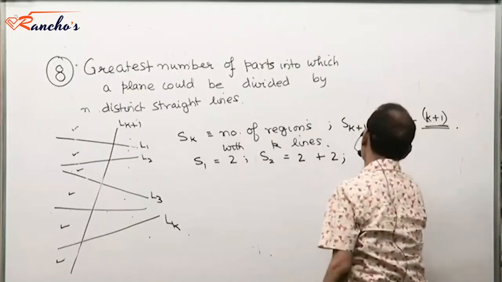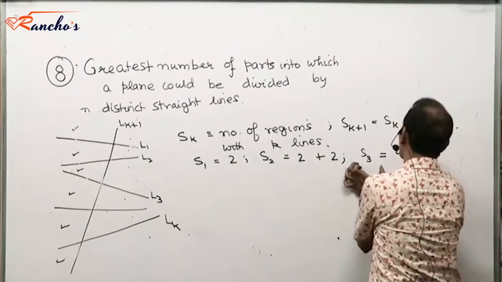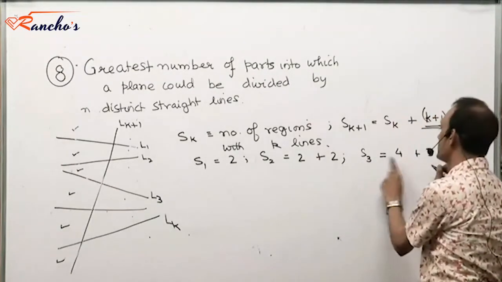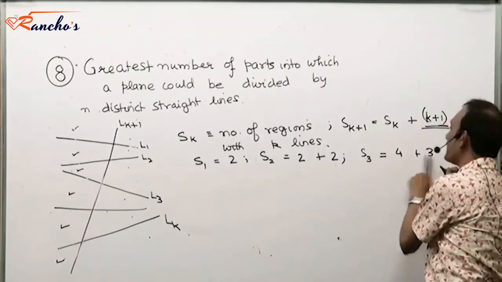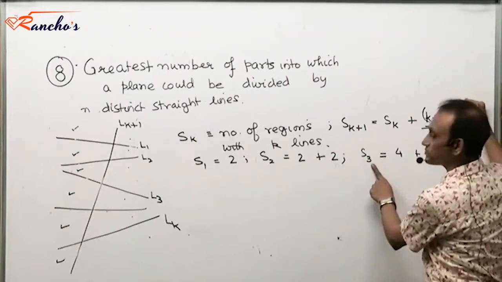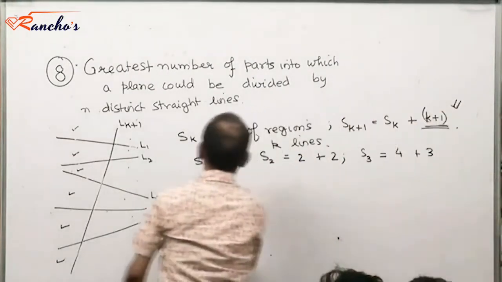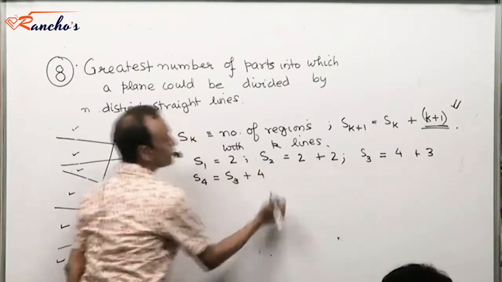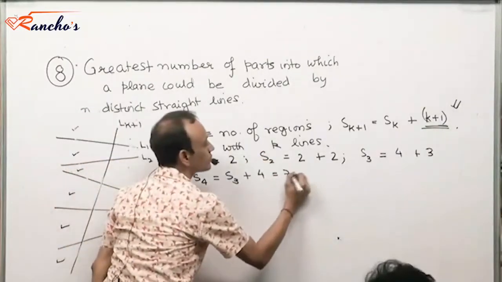With S3, whatever you get for S2, which is 4, and 3 more regions got added up. See, Sk plus 1 is Sk plus k plus 1. S3 would be S2 plus 3 from this relationship. Did you not understand? S4 would be what? Number of regions with S3 plus 4. What is the number of regions for S3? 7 plus 4.